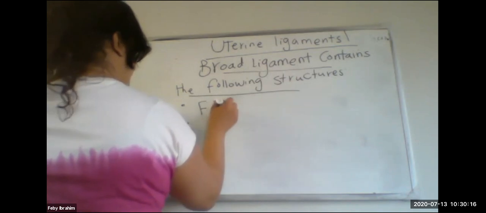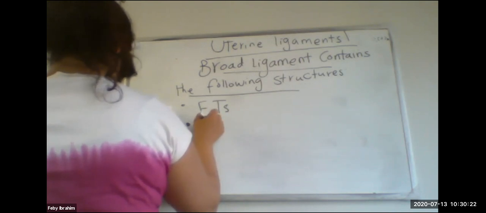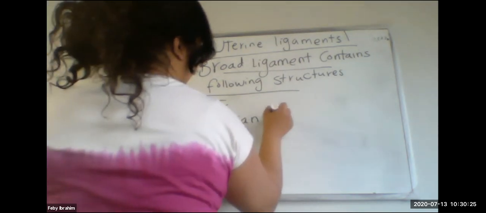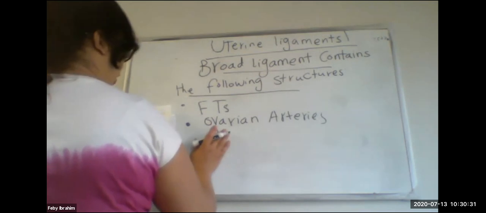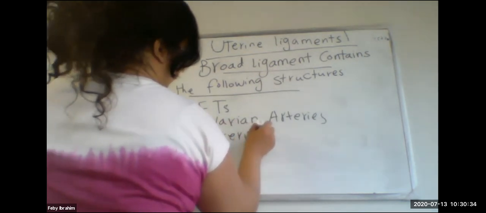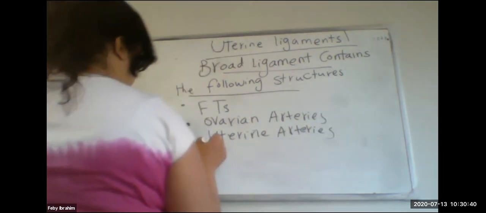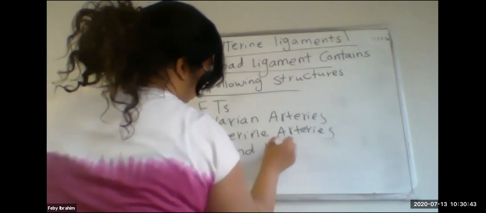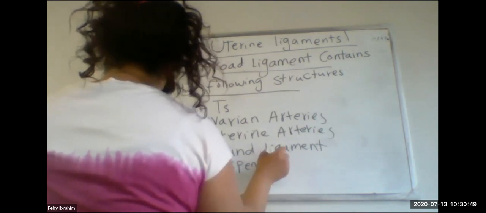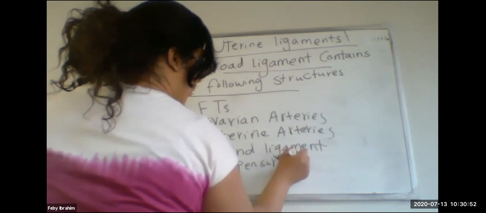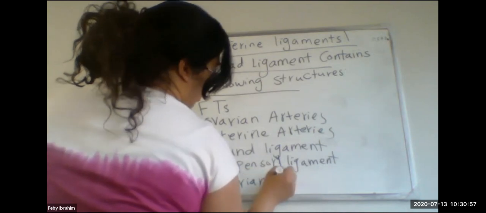Fallopian tubes, ovarian arteries, uterine arteries, suspensory ligament, and ovarian ligament.